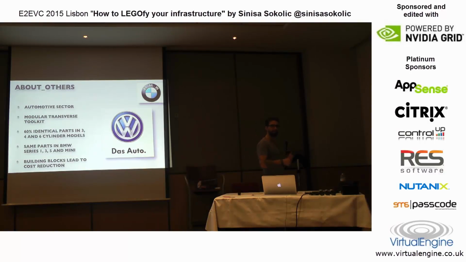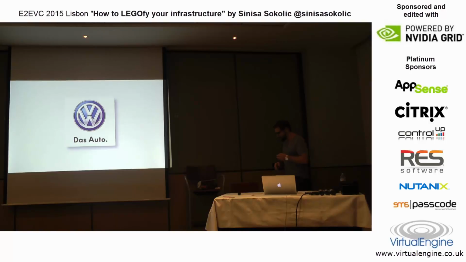Today we have 1, 2, 3, 4, 5, 6, 7, 9, X models, whatever. This wouldn't be possible if you were not modularizing the way you build your cars. And why are they doing this? Because of cost reduction and the ability to use plants you have in place to build different kinds of cars on the same production line.